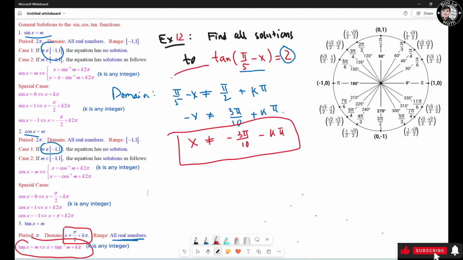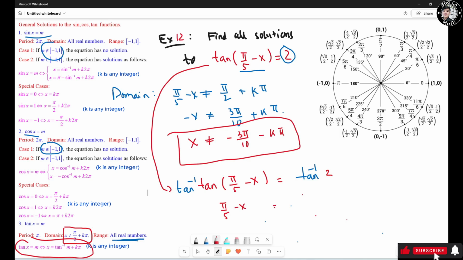Now I just rewrite this equation over here. I take tangent inverse of both sides, so I have pi over 5 minus s equals tangent inverse of 2 plus k pi. So s equals pi over 5 minus tangent inverse of 2 minus k pi, where k is an integer.